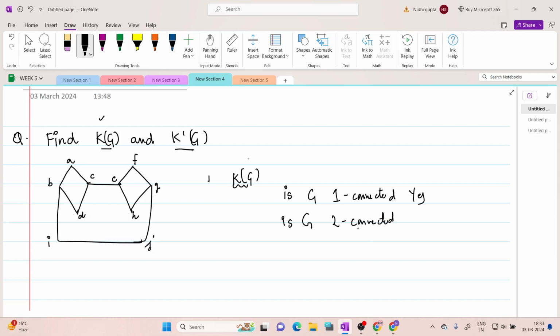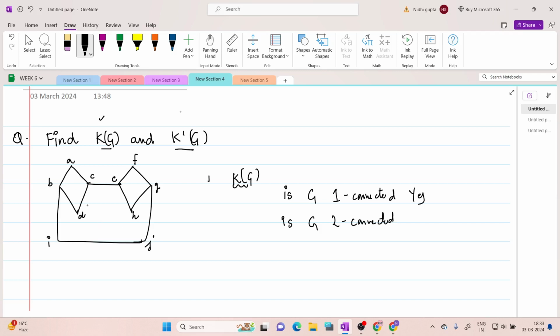Ma'am, if we remove one vertex, still it is connected. So if we remove one vertex, it is still connected. Why? Basically you maybe use any of the equivalent definitions.